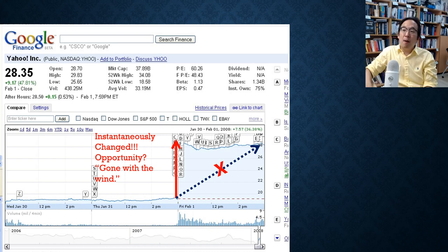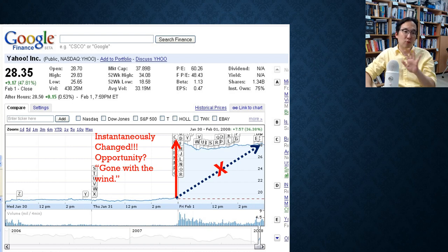It's public information. Everybody was punching the buy button immediately. So much so that the public information got priced instantaneously, at the speed of light, already reflected in the price. So no chance for me.